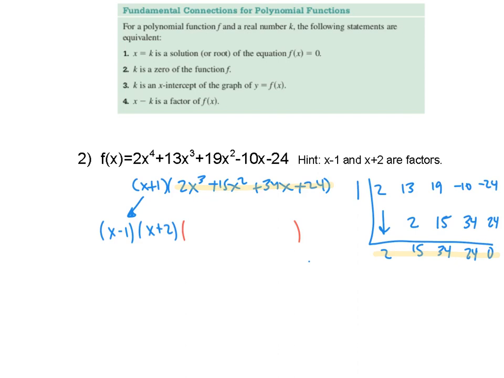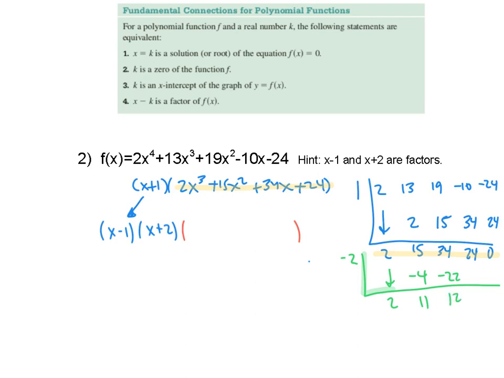I've already got my coefficients written out, so I am going to just line up another line right underneath there. And this time I'm dividing by x plus 2, so I've got negative 2 on the outside. All right, let's do our synthetic division again. Drop down that 2. Multiply, I get negative 4. Add, I get 11. Multiply, I get negative 22.